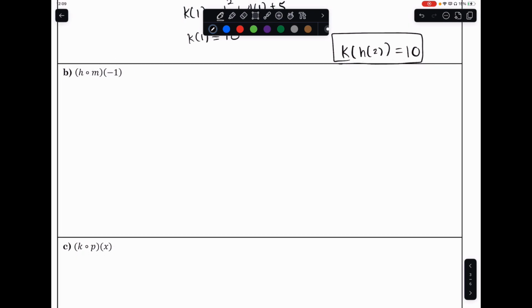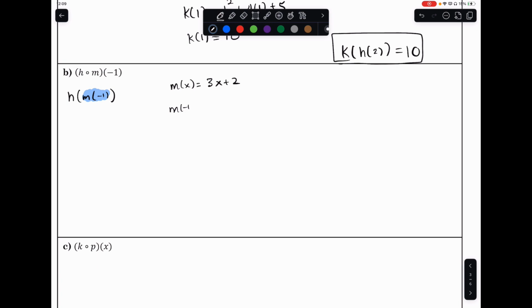Let's now evaluate example B. Example B, we're going to evaluate h of m of negative 1. This notation is the other way of representing what we have on the top. Again, starting with the inside, we want to first figure out what m of negative 1 is. If you look at the top of the page, m of x equals 3x plus 2.